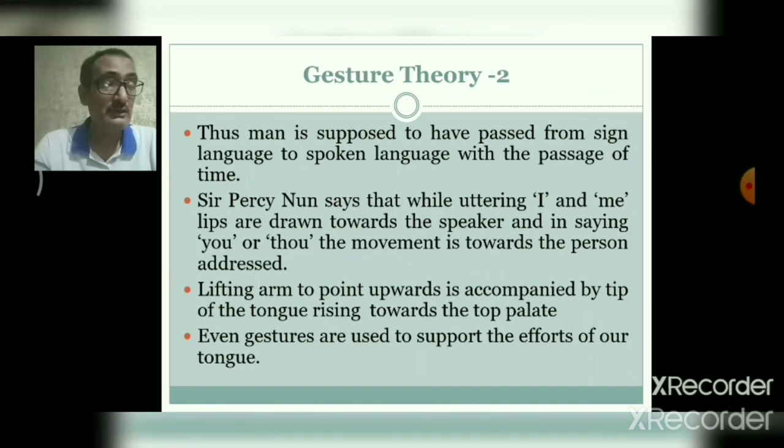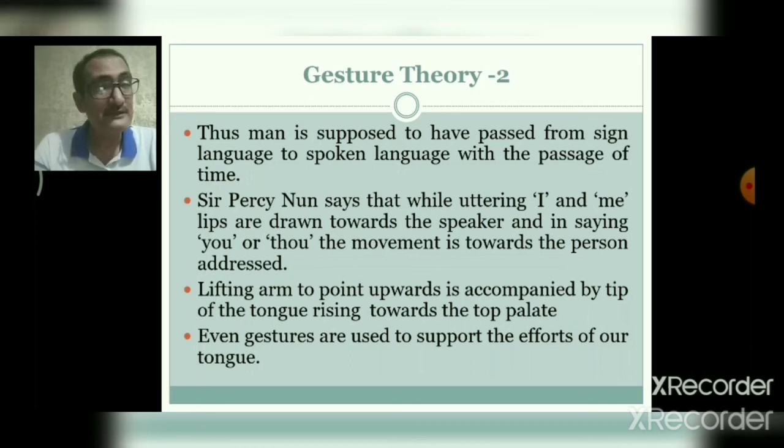So this proves that there is more possibility of the gesture theory developing into a full-fledged language. Lifting the arm to point upwards is accompanied by the tip of the tongue raising towards the palate.